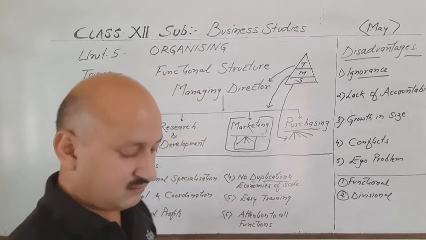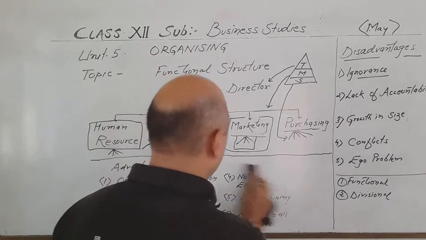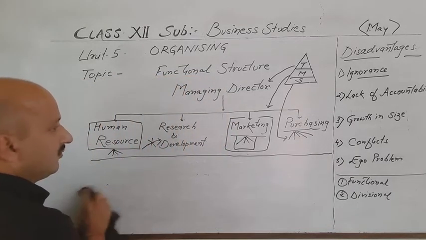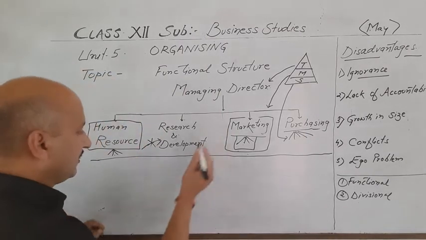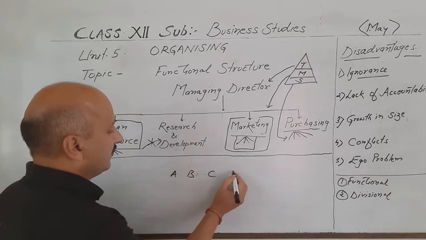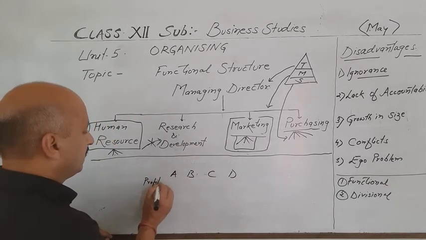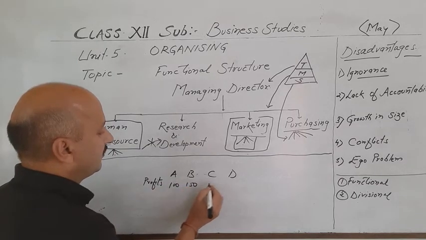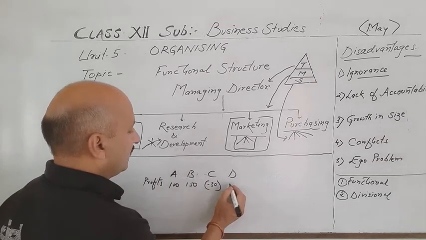This can be easily understood by one example. If you see it, you can easily determine how the accountability is decided. Suppose this company is having 4 products, product A, B, C and D, and their profits are say 100, 150, minus 30 and 80.